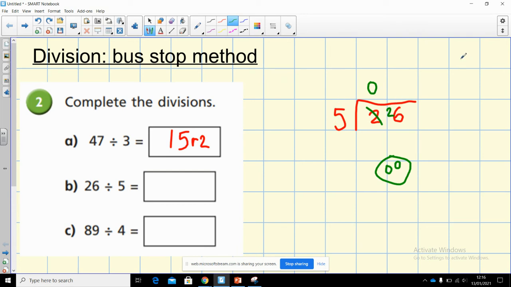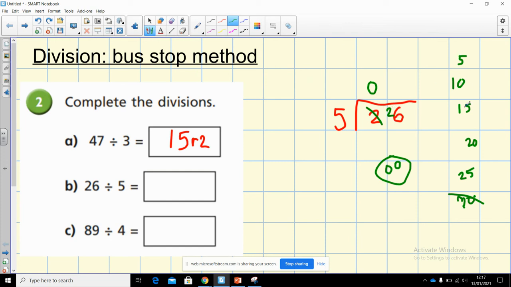So I'm going to count up in multiples of 5 till I get to the multiple of 5 before 26. So I go 5, 10, 15, 20, 25, 30. Oh, gone too far. If we're in class, I'd be saying to you, shout me when to stop, children. I've gone too far because I only want to get to 26.